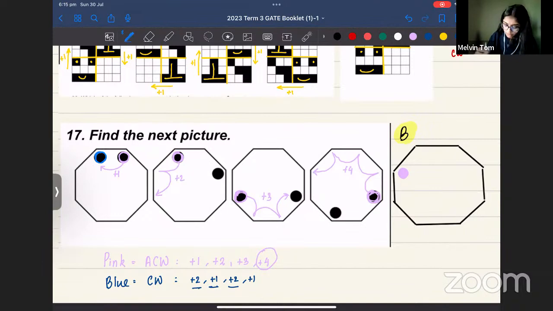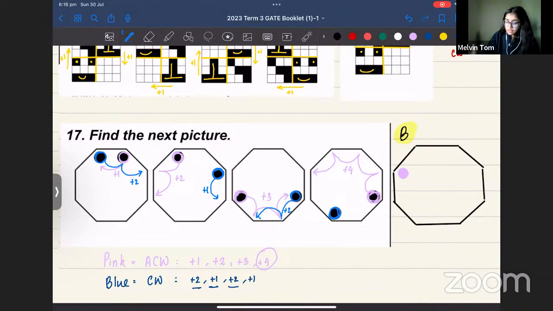The blue dot is from here, it's moved all the way to the right-hand side in image 2. How did it get there? It's 1 and 2. That's moving +2. From the second image, it's moved +1 to the third image, right there. From the third image to the fourth image, it's moved +2, giving us the blue dot over here.